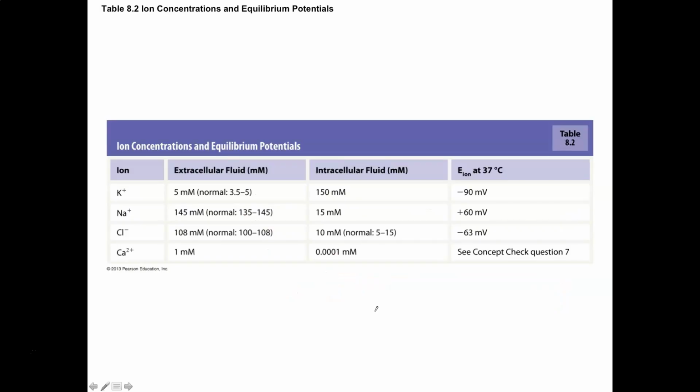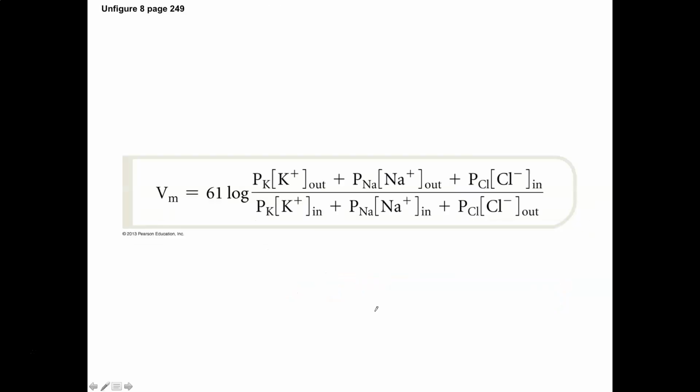The other one to review is the Goldman-Hodgkin-Katz equation. That one allows us to calculate what the resting membrane potential would be by looking at multiple ions. So instead of doing hypothetical equilibrium for one ion, we can use the Goldman-Hodgkin-Katz equation to look at permeability and also look at multiple ions at a time.